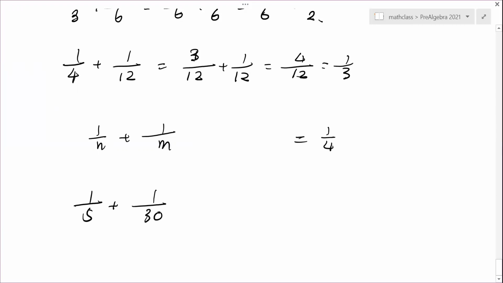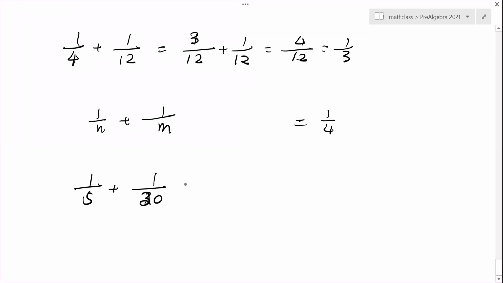Let's try this. I'm going to put 20 here. So 5 is going to be 4 over 20, right? Plus 1/20. Then I got 5/20, and indeed I got a quarter.